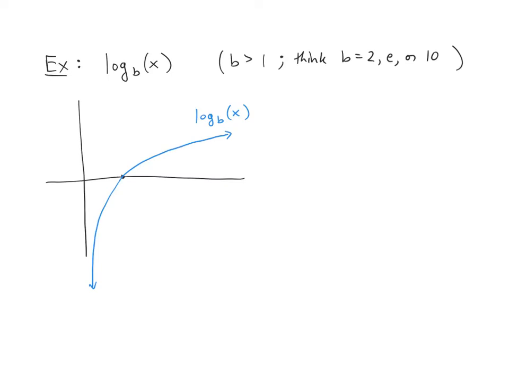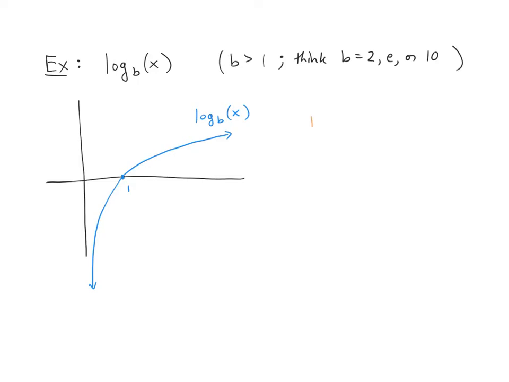So that's the graph, which should look familiar. And the point here on the graph is at x equals 1. So x equals 1, y equals 0. And there's a rather obvious feature of the graph, which is this vertical asymptote as you approach 0 from the right.